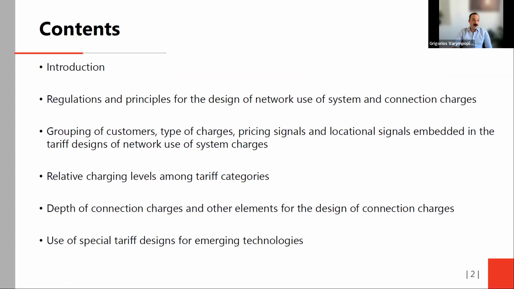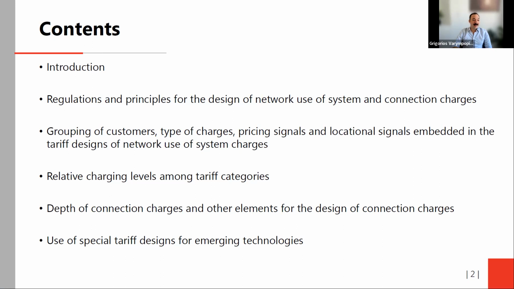So what are we going to look at today? We'll have a brief introduction to understand the concept of the study, the regulations and the principles for the design of network use of system charges and connection charges, how regulators or TSOs and DSOs group customers for charging, what type of charges they apply, what are the pricing signals and locational signals embedded in the tariff design for network use of system charges.